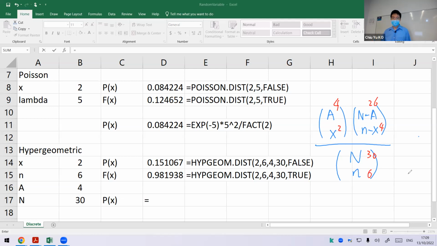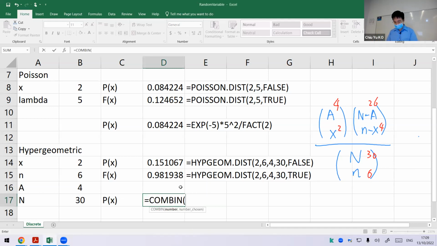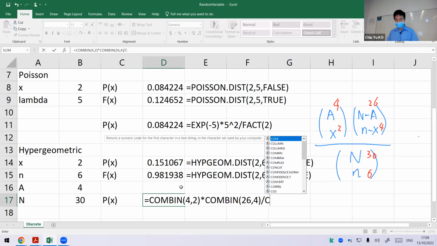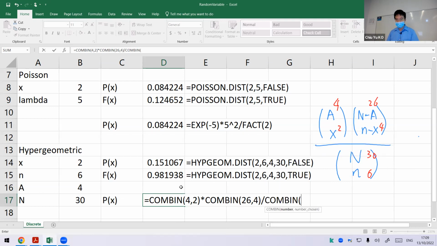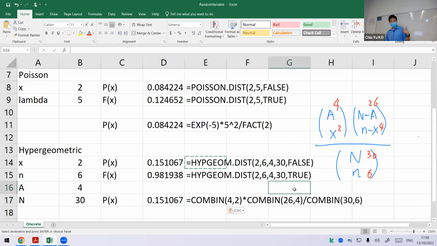So let me do that. That is combination 4, 2 times combination 26, 4, divided by combination 30, 6. So you get what we want, so we are very happy. This formula is correct.